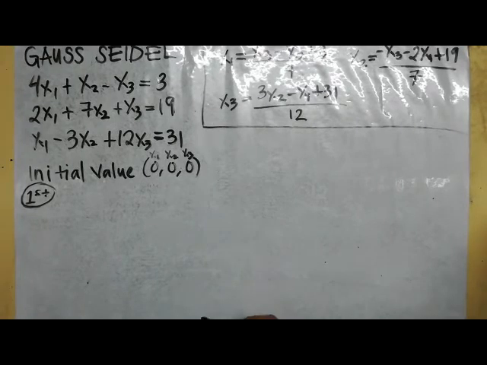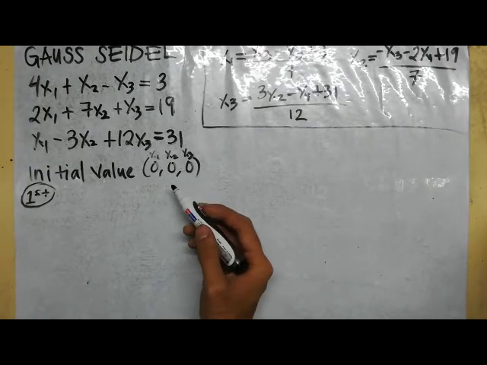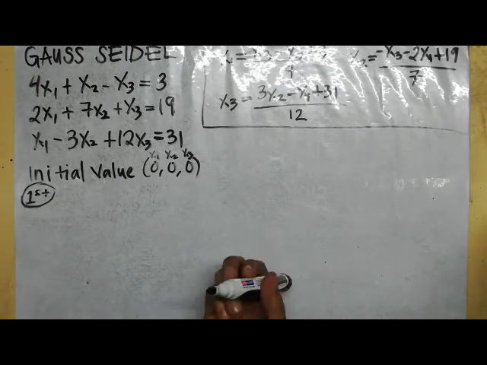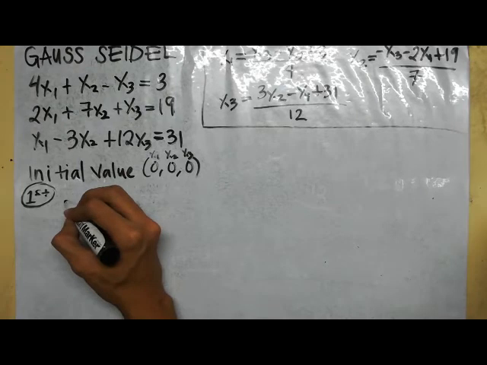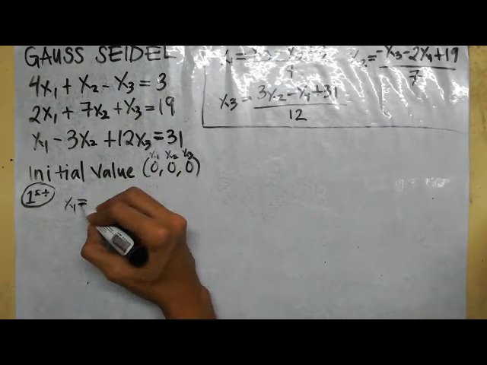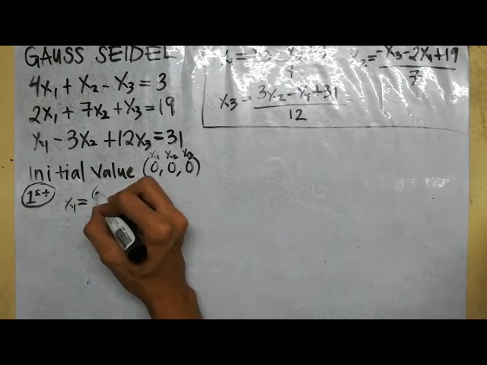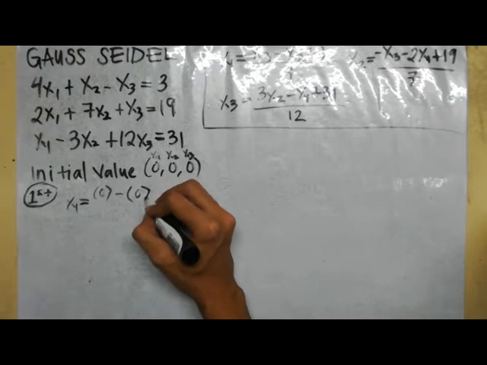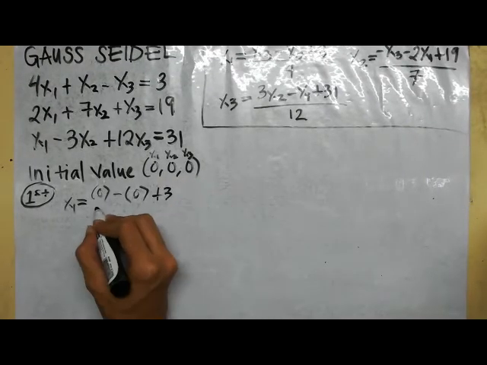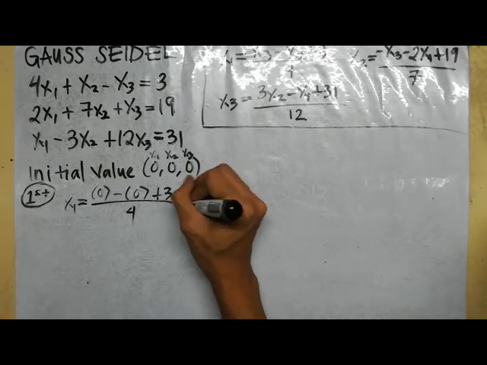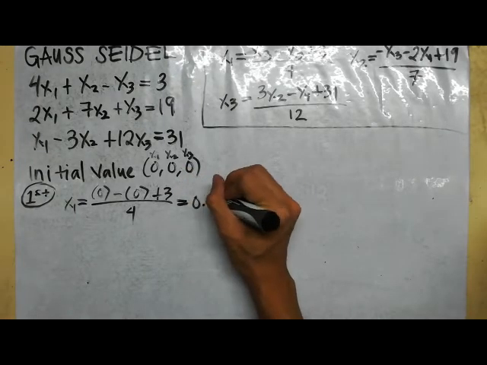So we can substitute x sub 2 and x sub 3 to get our value for x sub 1. So we have x sub 1 equals 0 minus x sub 2, which is 0, plus 3 over 4. So we will get 0.75.